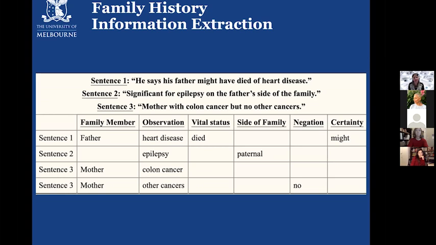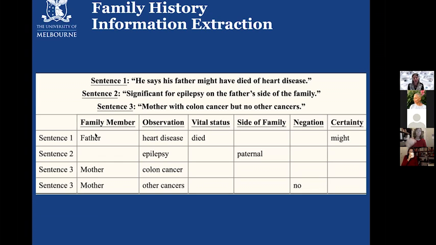So for instance, one of the tasks that was organized through the N2C2, the National NLP Clinical Challenges in the US, is family history information extraction. And so this is a task where we want to take a sentence like, he says his father might have died of heart disease, which might be captured, for instance, in a primary care record or in a consult note.